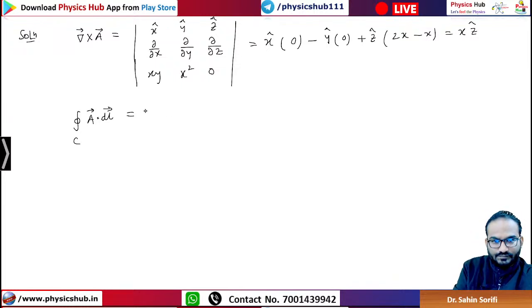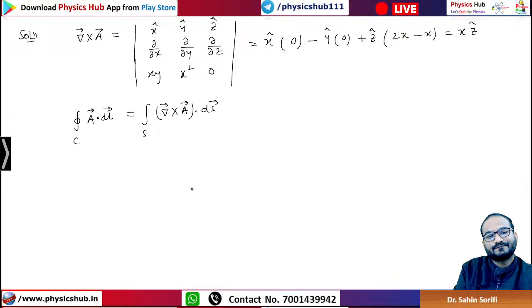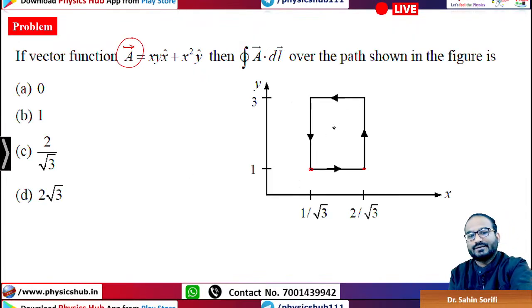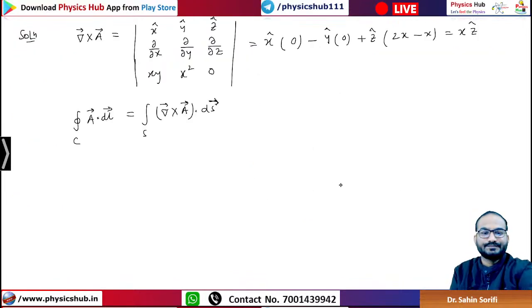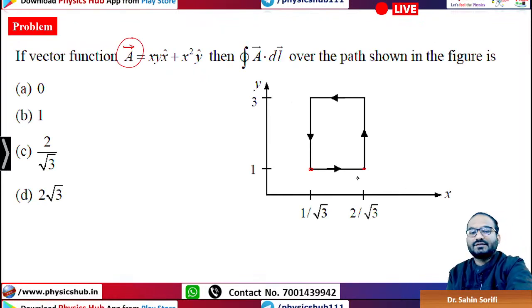So we can write the line integral in terms of the surface integral by considering curl of A dot ds over this surface. This is the surface. What about ds? You see, this is on the xy plane, so ds is nothing but this area.